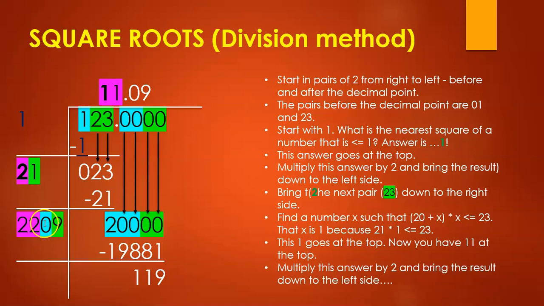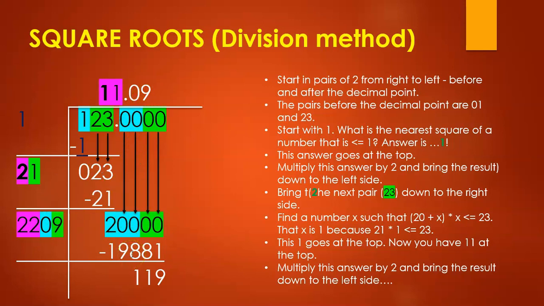It turns out that 2201 times 1 is 2201. 2202 times 2 is going to give us 4404, and then going all the way up to 2209 times 9 gives us 19,881. That is the number closest to 20,000 but at the same time less than or equal to 20,000, and that's why we put 9 as the answer here at the top.